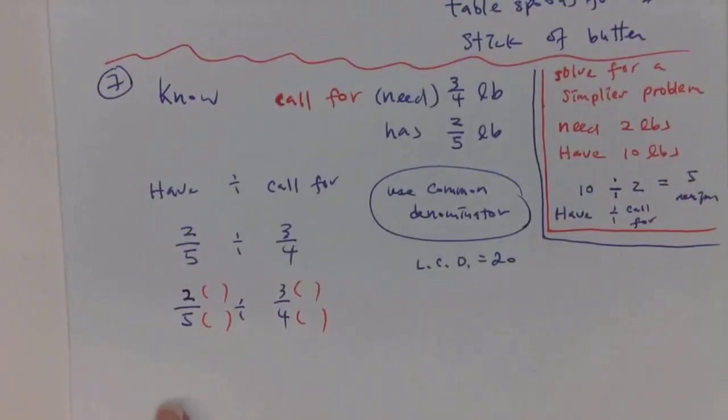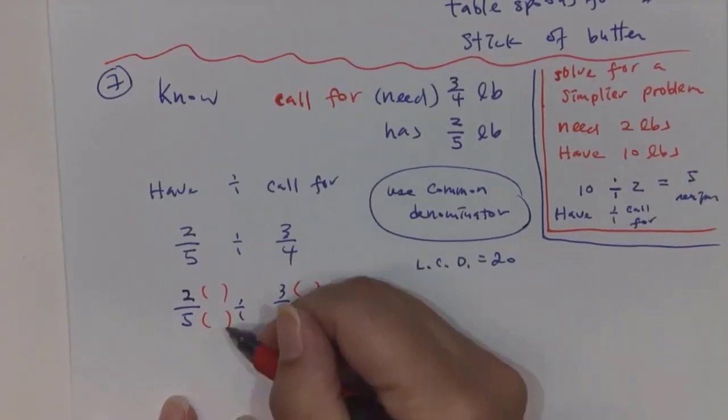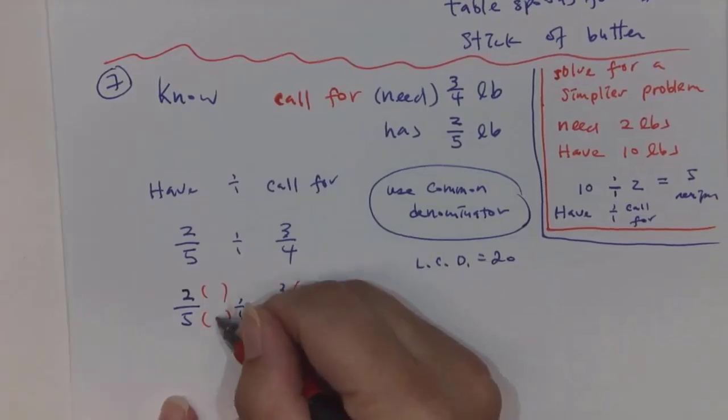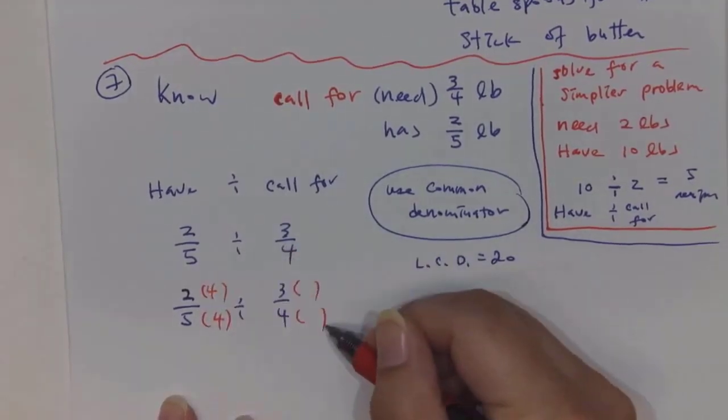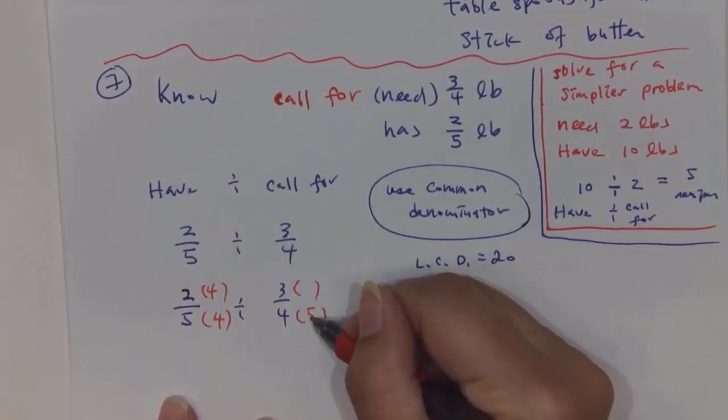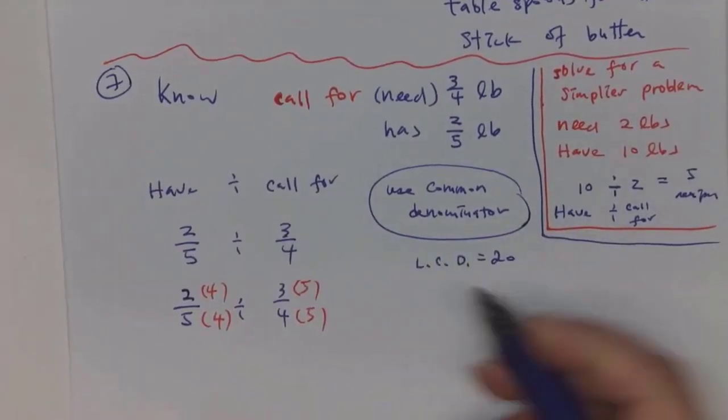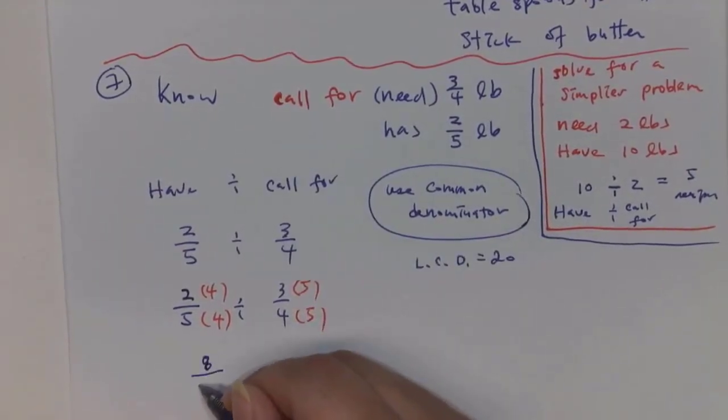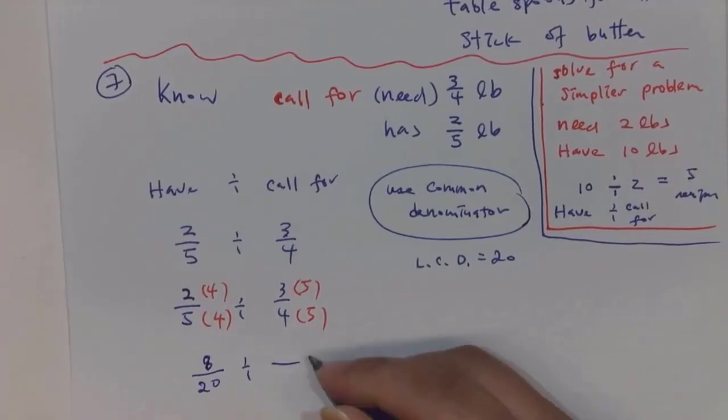All right, let's look at this. You're going to have 5 times what? 4. So same thing on top, and 4 times 5. Okay. So we're going to have 8 over 20 divided by 15 over 20.